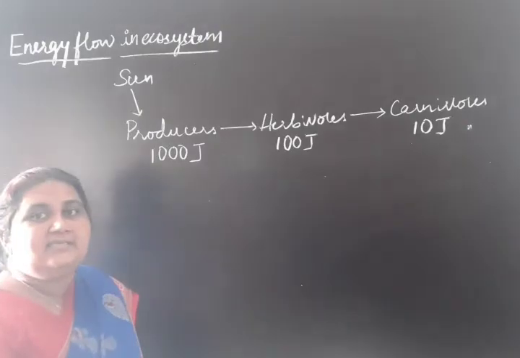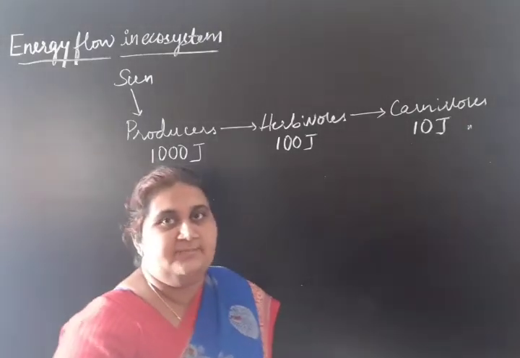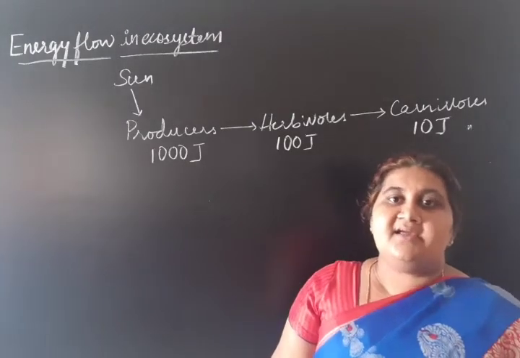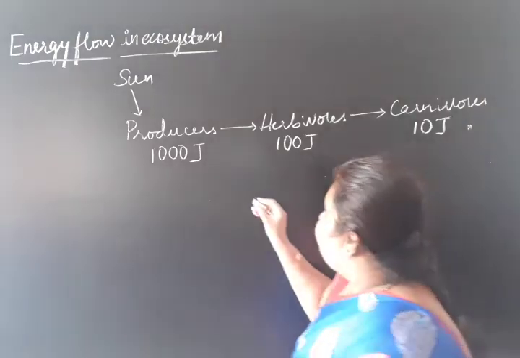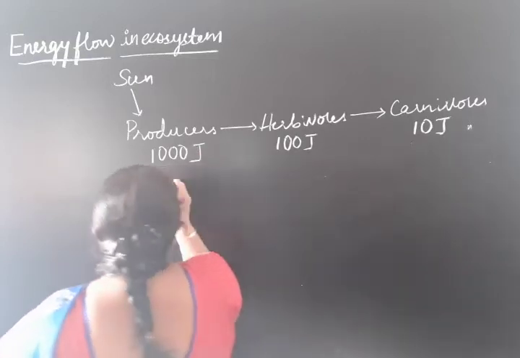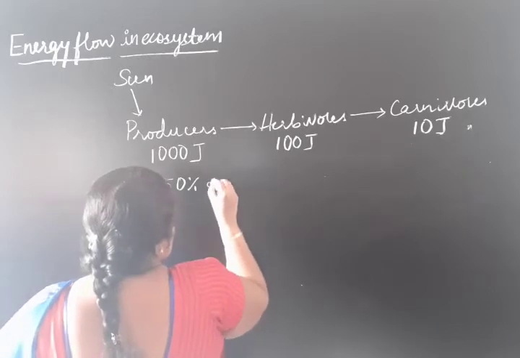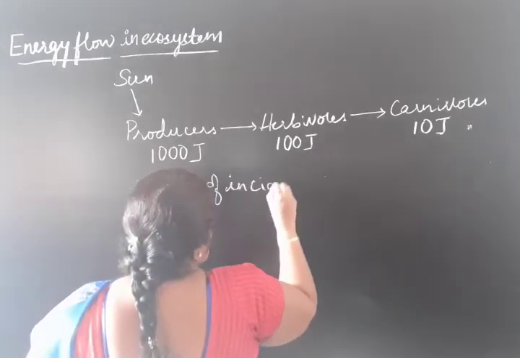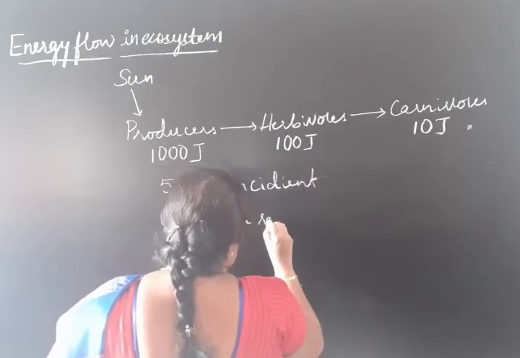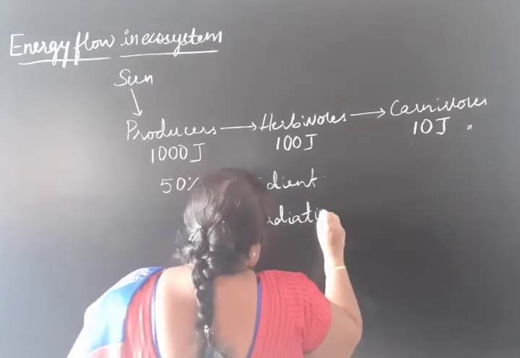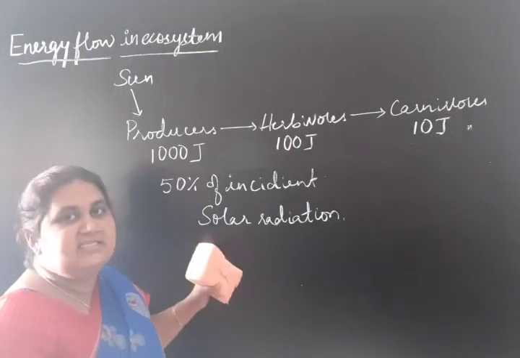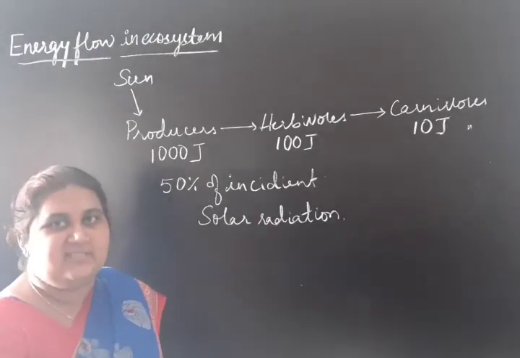Of the total incident solar radiation, the solar radiation which reaches the earth, 50% or less than 50% of incident solar radiation has the capacity to undergo photosynthesis.